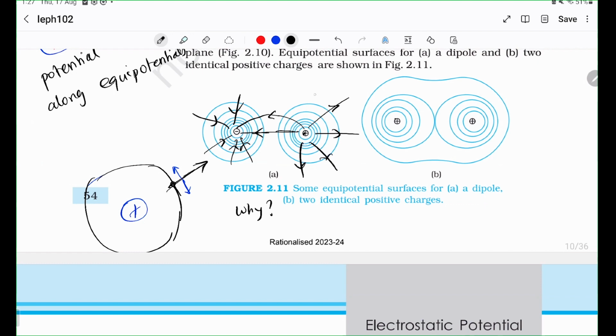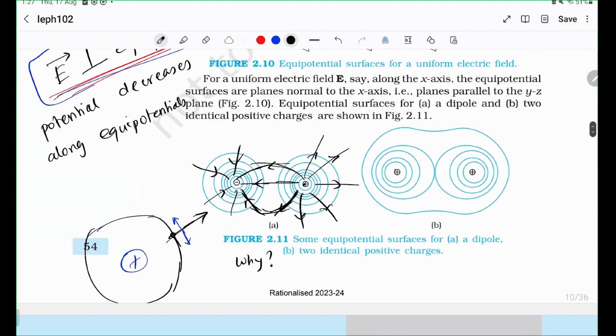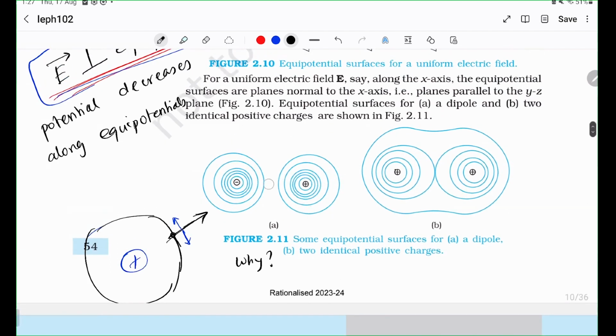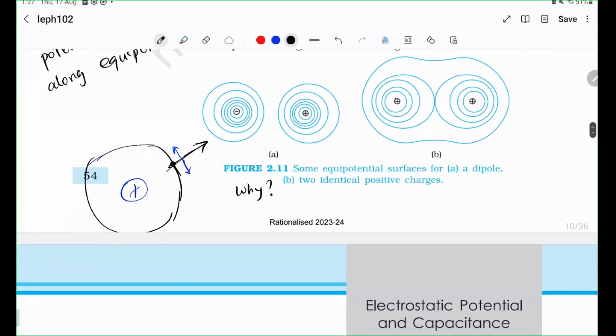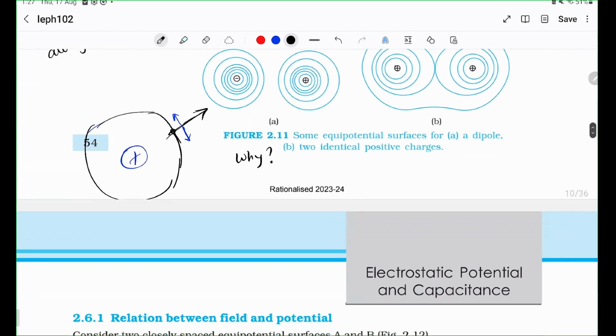The electric field is away from a positive charge and into a negative one. So this negative charge wants to pull, but this wants to push. So this line sort of bends and comes here. I hope it's intuitive to understand how to draw electric field lines. Once you draw the field lines, just look at all the circles or all the surfaces that are perpendicular to every one of these lines, and that is simply your equipotential.